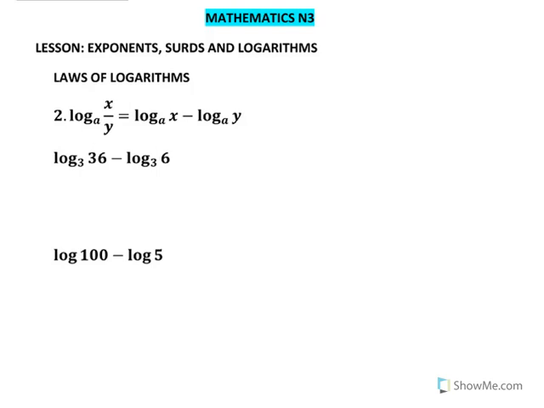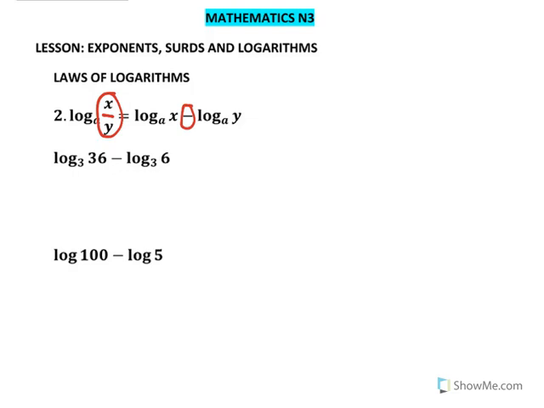The next law says if there is an addition, remember there is a multiplication, there is a division, which says log base a of x over y. Whenever there is a division, you subtract. You can see the subtraction line in a division.